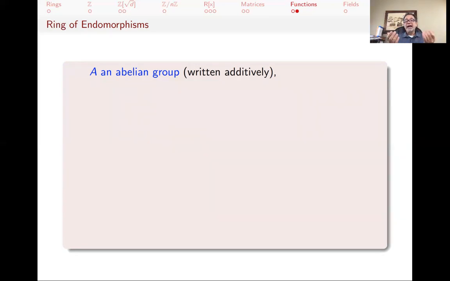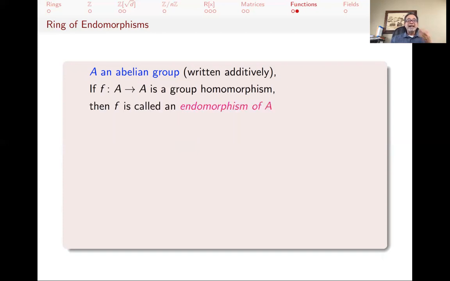So a plus b, and we write the elements with plus. If you have a group homomorphism, that means f of x plus y is f of x plus f of y. When it's a group homomorphism from an abelian group to itself, it's called an endomorphism of A. And End A is the set of endomorphisms.